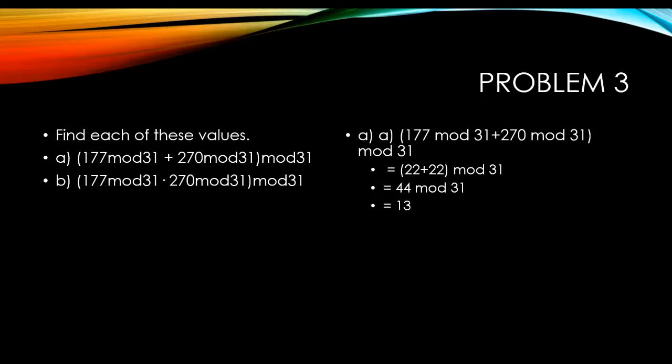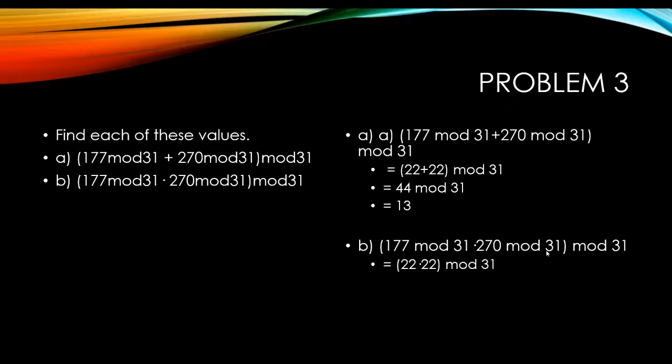So that will be the answer for letter A. For letter B, same as with letter A, evaluate first 177 mod 31 and 270 mod 31, then multiply, and then apply mod 31 to the product. The result is 19. So that's how we evaluate this type of problem.